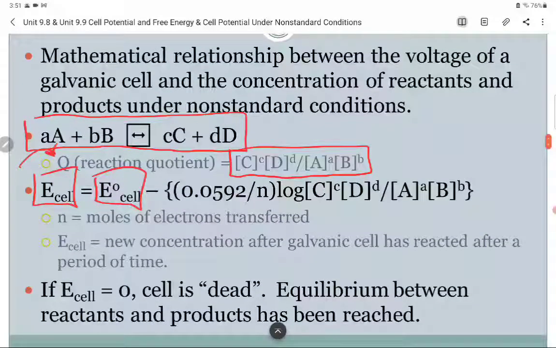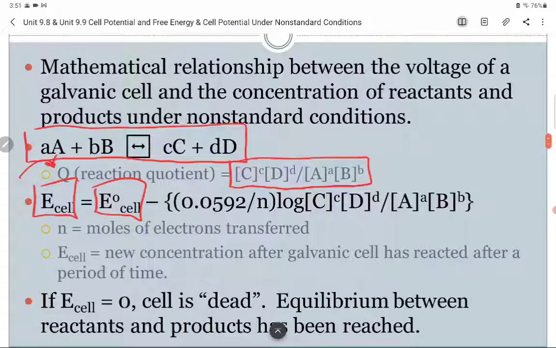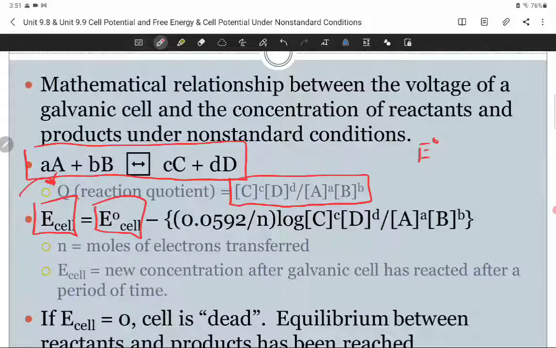So there are a couple other aspects here. But you can talk about, will the voltage go up or go down? So like if maybe the standard voltage was 1.10 volts. Well, someone says to you, hey, is there any way we can up this voltage and get it to, I don't know, let's say we want it to be 2.5 volts. Is there any way to get that normal conditions 1.10 volts to a 2.50 volts?